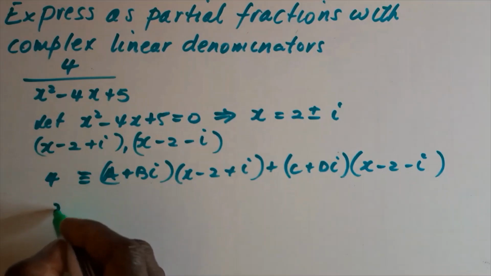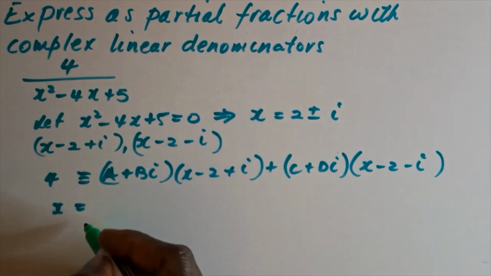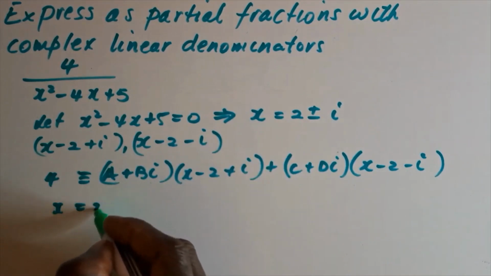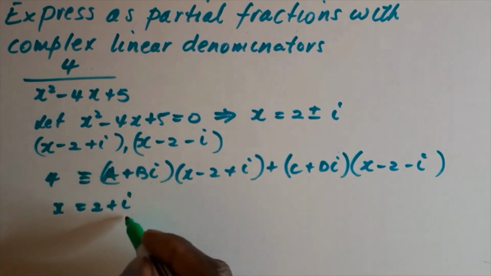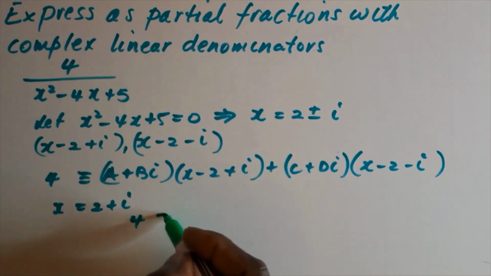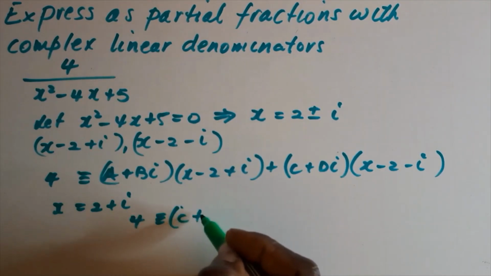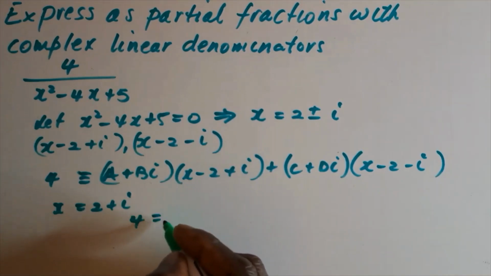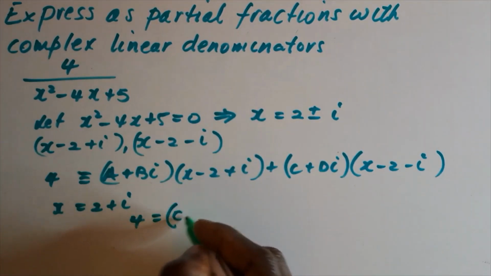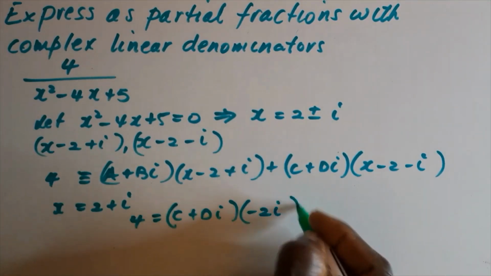So when we have x is equal to one of these options, we'll take the positive, so 2 + i, then this becomes 4 equal to (c + di) times minus 2i.